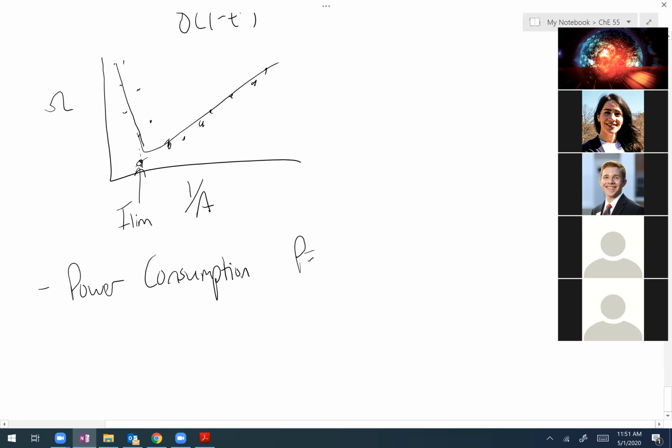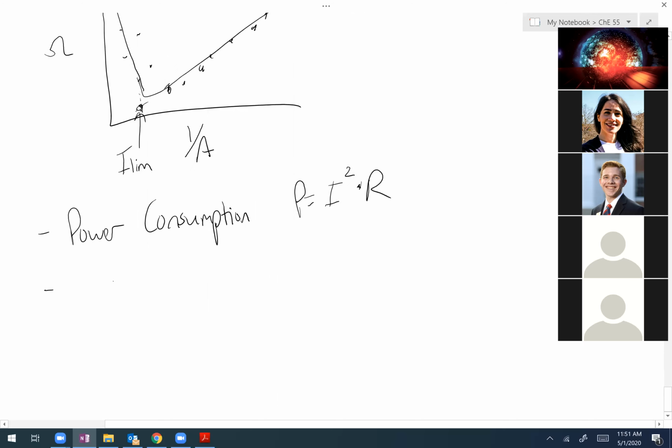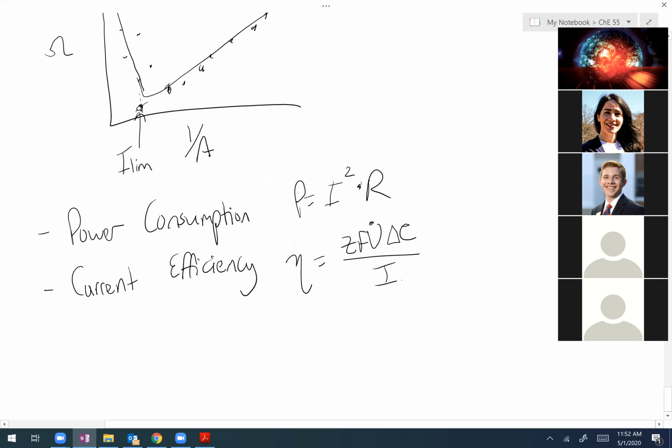Some other things to note is looking at power consumption. It's I squared times R, and then our current efficiency, eta, is C V dot delta C F over I, which should be E over E theoretical.